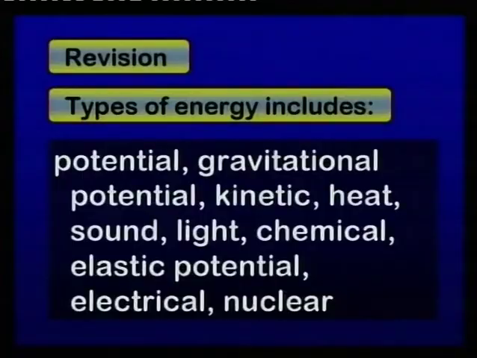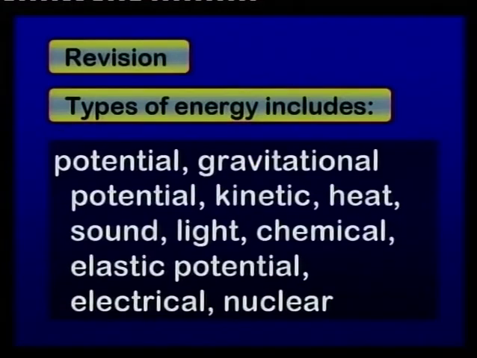Good. Some types of energy which we looked at are potential energy, stored energy, something that has energy but it is stored. Gravitational potential energy is when an object has energy in it, and when it is caused to fall or move, this object moves.